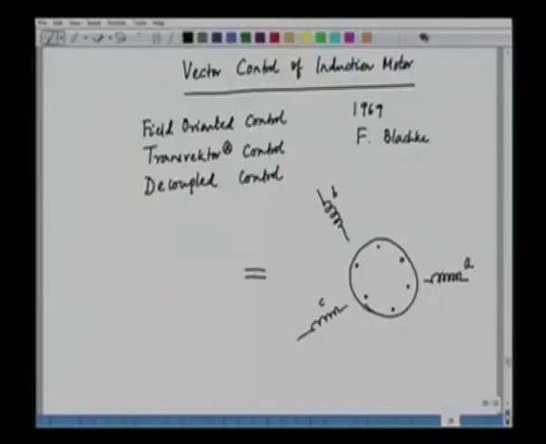So what we are trying to do here, the objective is to control an induction machine just like a separately excited DC machine. We have a DC machine here, an armature, and a field winding. Just have a comparison in this case.